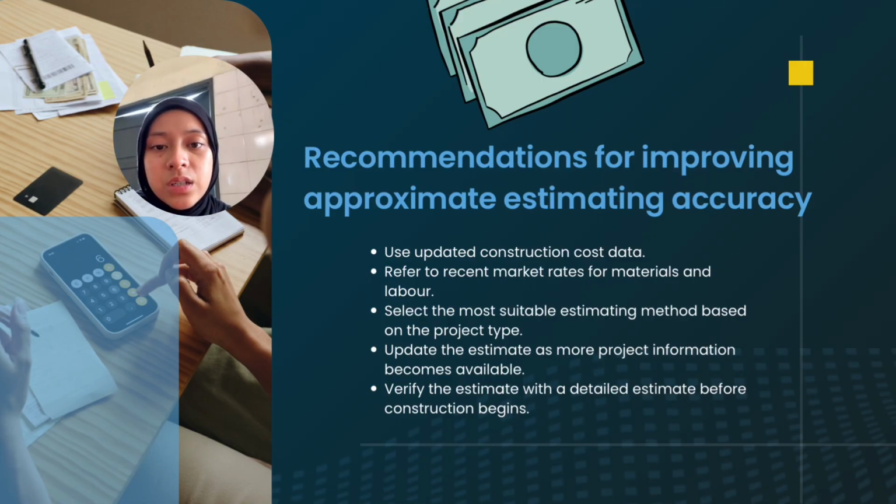In addition, the estimate should be reviewed and updated whenever new project information becomes available. And finally, before the construction begins, the approximate estimate should be verified using a detailed estimate to achieve a more accurate project cost. That's for recommendation.